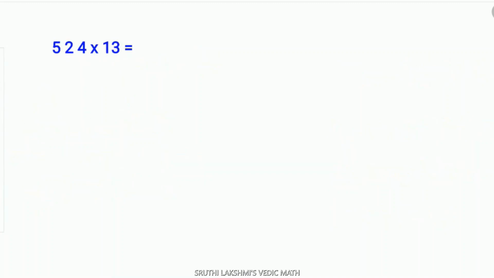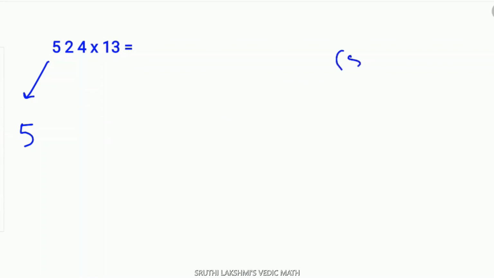Okay, let's try another example. 524 times 13. Write down the first digit 5 as it is. Next, multiply 5 with 3. Why 3? Because 13 has a 3 and we take that 3.